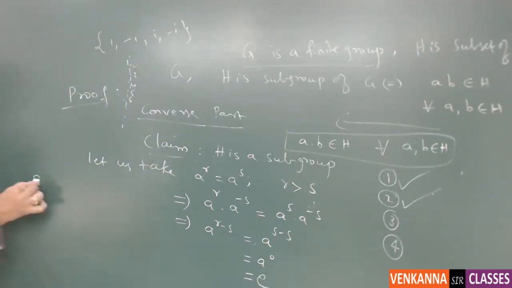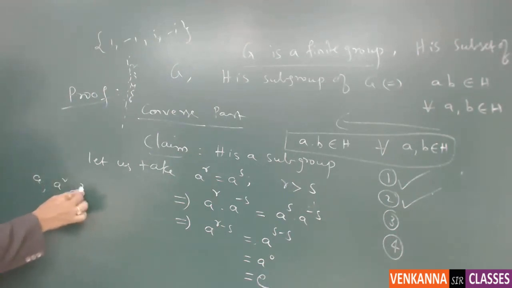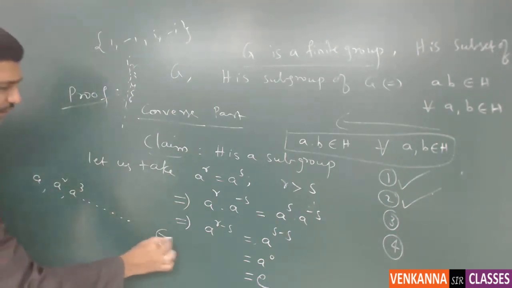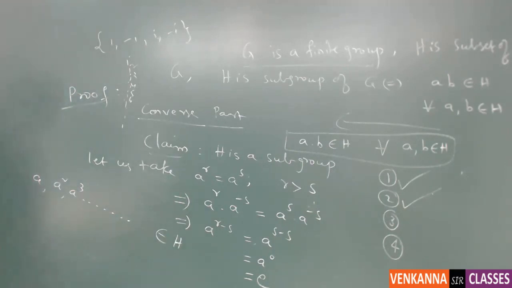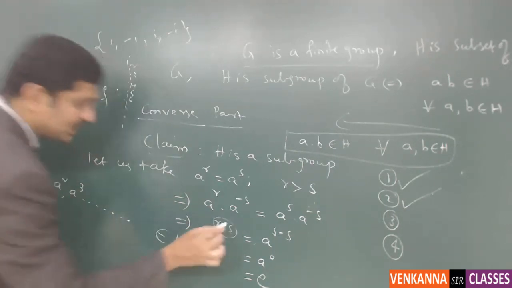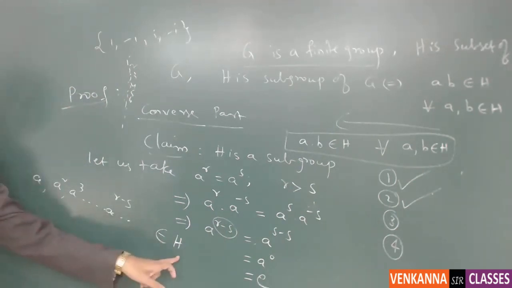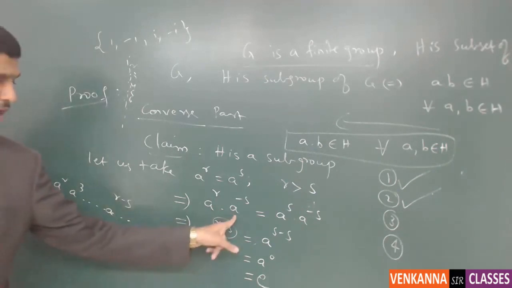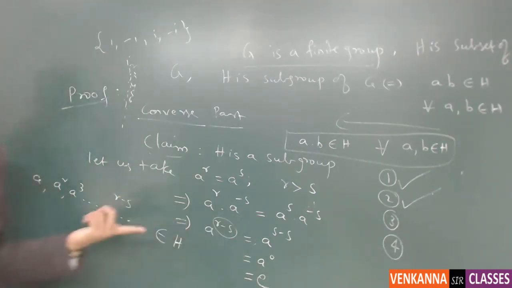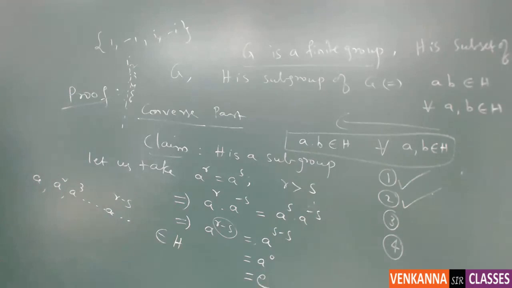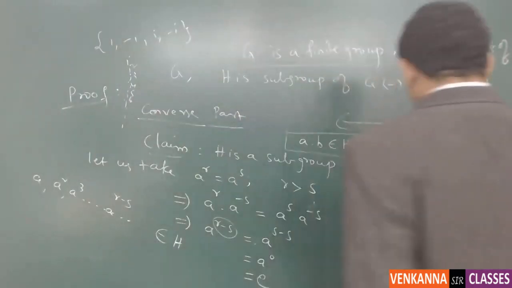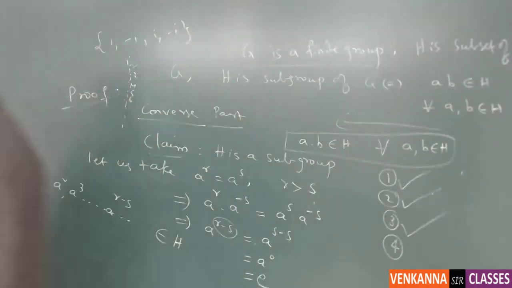So what happened? You have taken that A square, A cube, so on. All these powers will belong to H. So here R minus S is also a power. So it also belongs to H. Since A power R minus S is nothing but identity, we can say that identity belongs to H. Agree? Therefore, I have proved the third property.